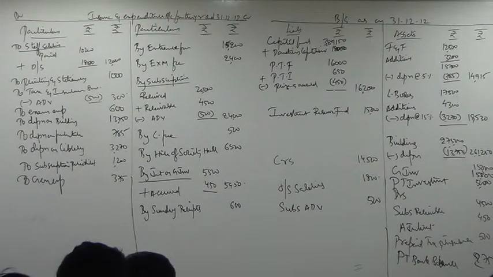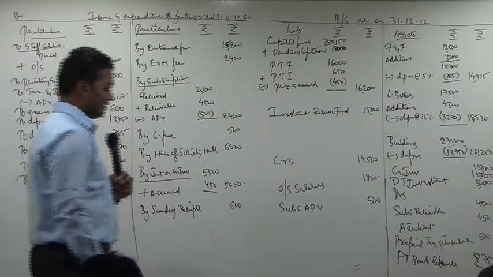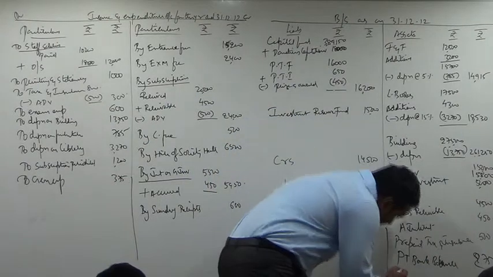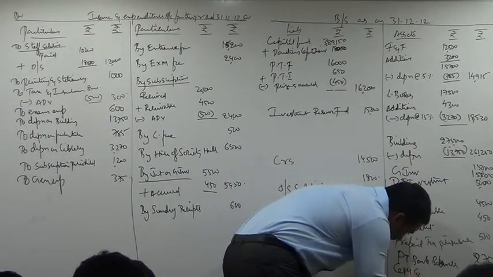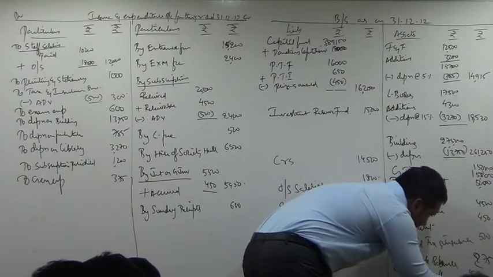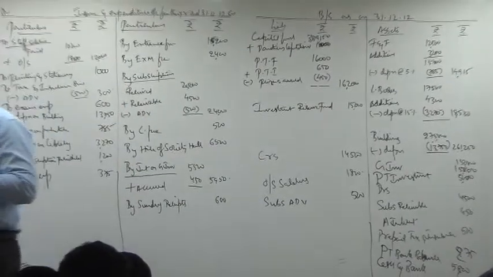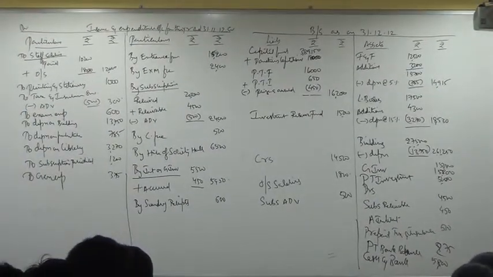Next. Cash at bank, cash in hand. Total, tell me. 5,800 cash in bank.